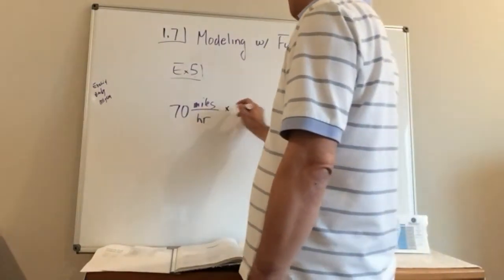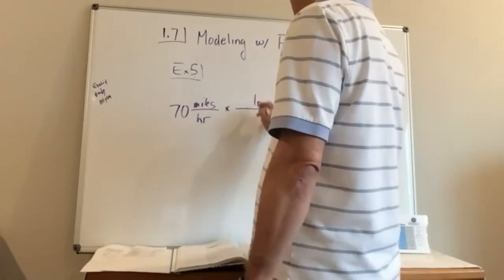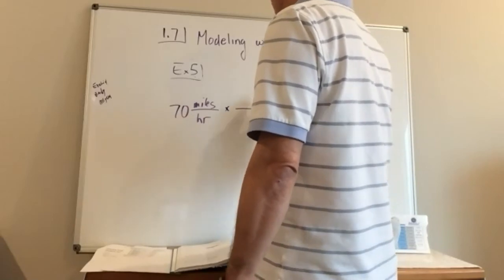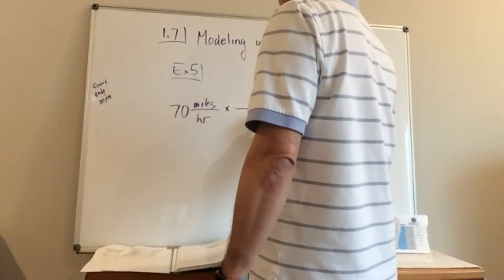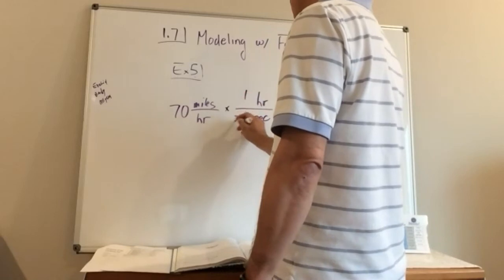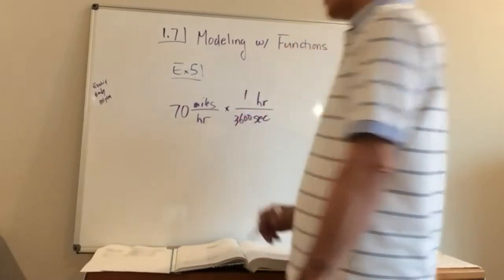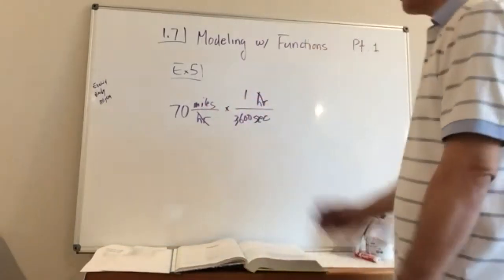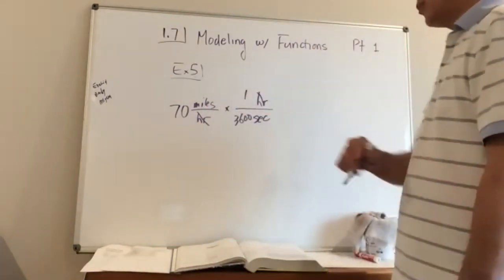So I'm going to multiply this by 1 hour is 3600 seconds. So that's simple. Now I have to go from miles to revolutions.